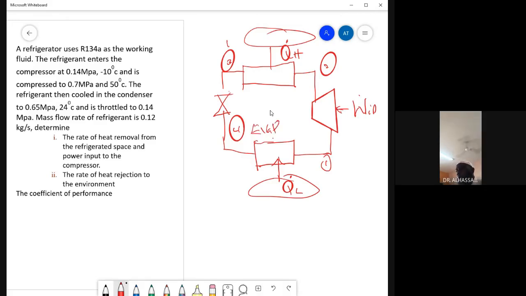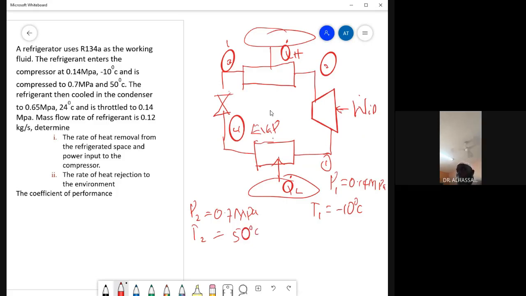We are told the refrigerant enters the compressor at P1 equals 0.14 megapascal and T1 equals minus 10 degrees Celsius, and is compressed to P2 equals 0.7 megapascal and T2 equals 50 degrees Celsius.